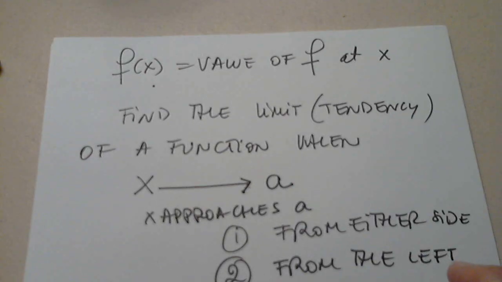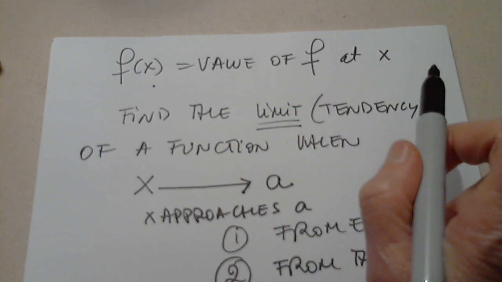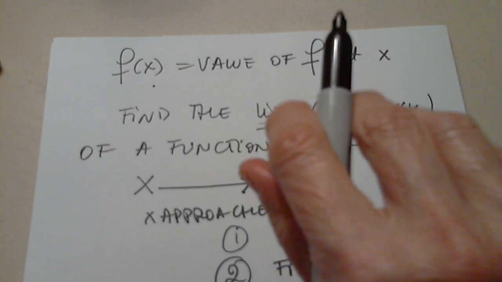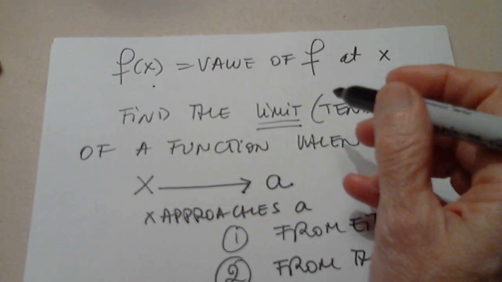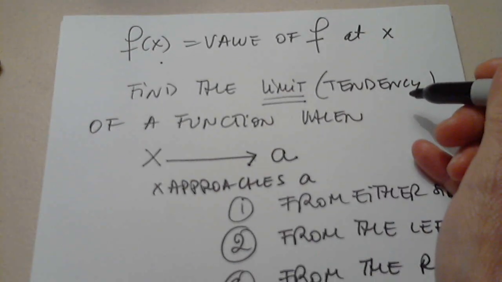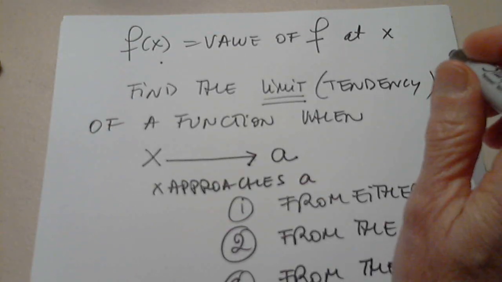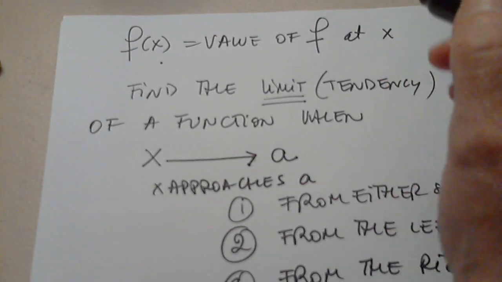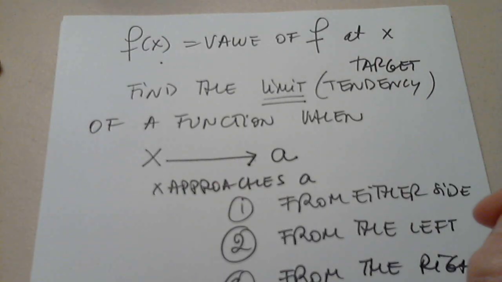So let's recap. I'm talking about the limit of a function, not the value of the function, not any other operator, something totally new. I want to know where the function is going. What's the trend? What's the target? Target, better maybe than tendency.